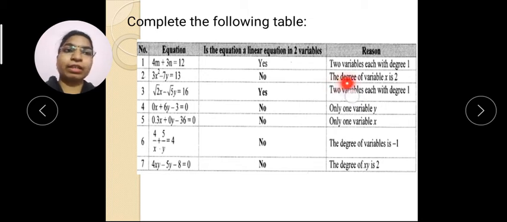The reason is that the degree of variable x is 2. In the same way, see the next equation, that is root 2x minus root 5y is equal to 16. If you observe this equation, this is a linear equation. Why? Because x and y both are variables which have degree 1. And lastly, I inform you that root 2 and root 5.